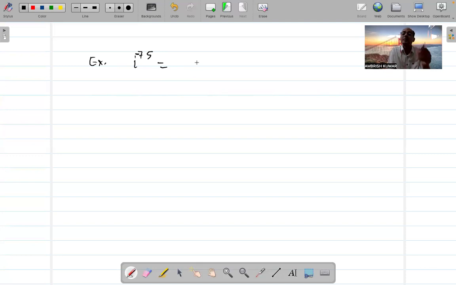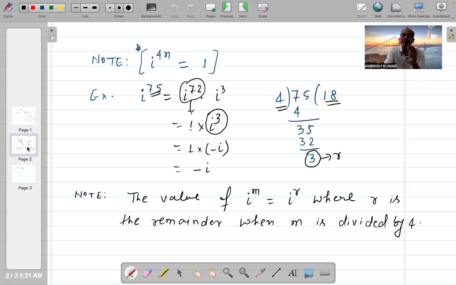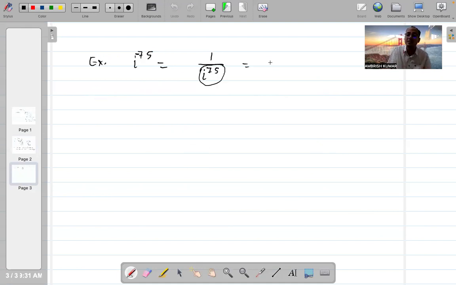Whenever we have negative power, we can write this as 1 by i to the power 75. Now you can find the value of i to the power 75, which, in the last example itself, we have solved. So here the value of i to the power 75 is minus i. That value we can directly put. So 1 by minus i.